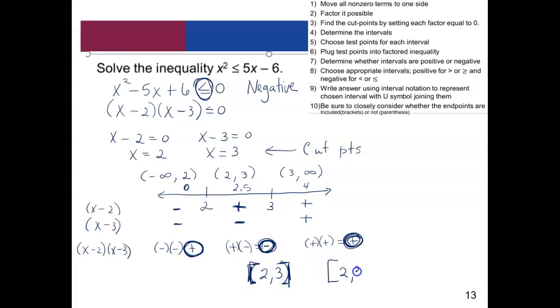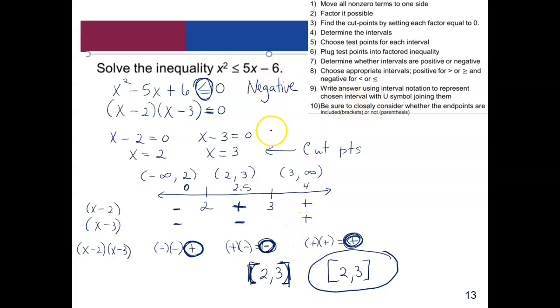And the reason being, if I were to plug in either 2 or 3 back into my inequality up here, I would get 0, and 0 is acceptable because it has this line underneath it. If it were just strictly less than and not less than or equal to, then I would have had parentheses on my final answer.